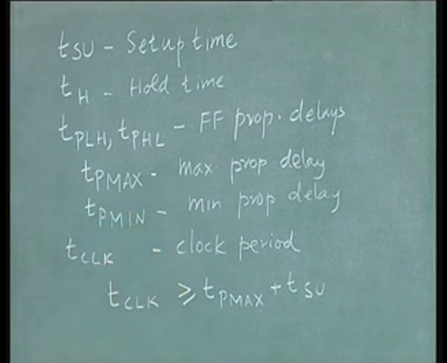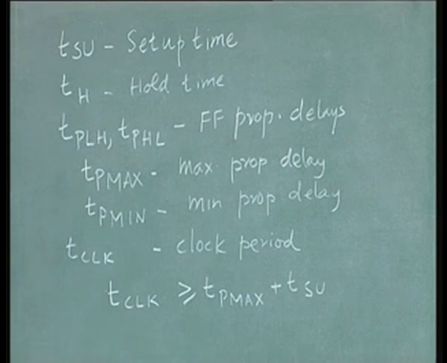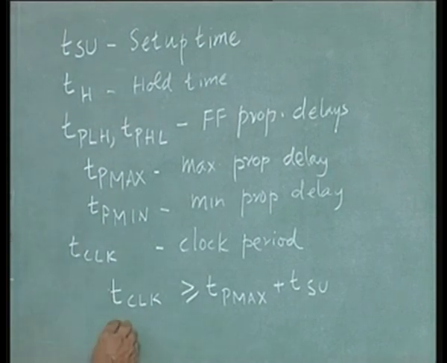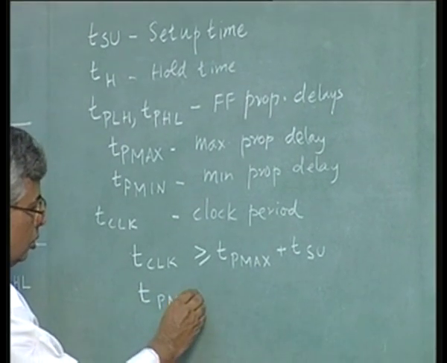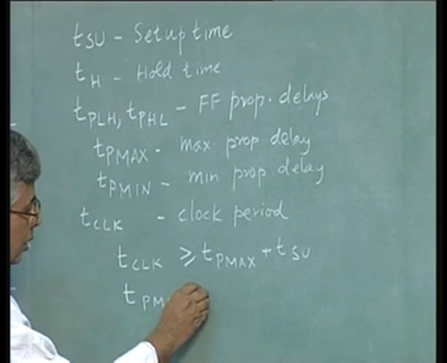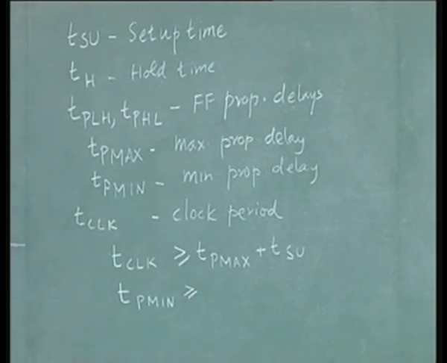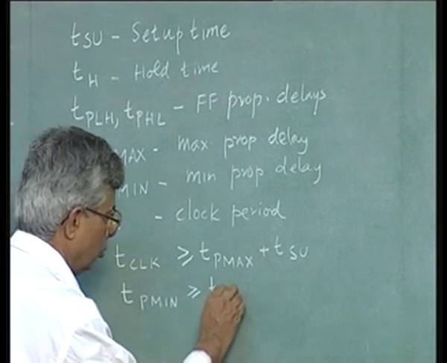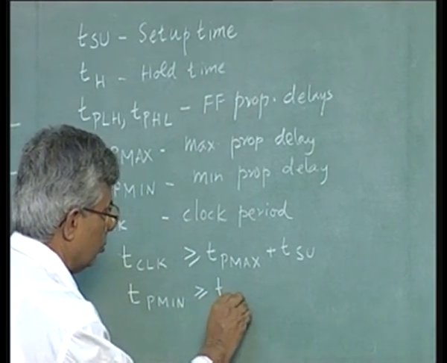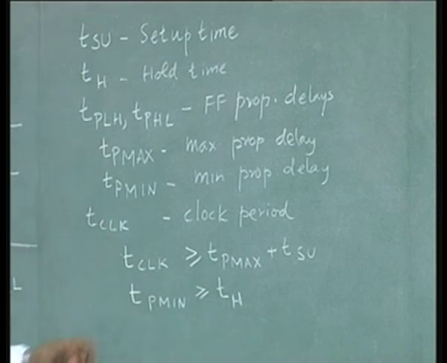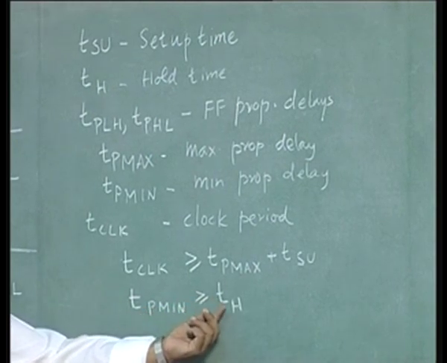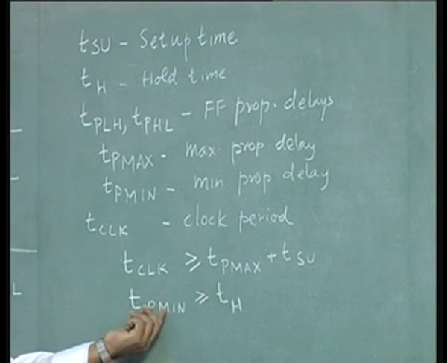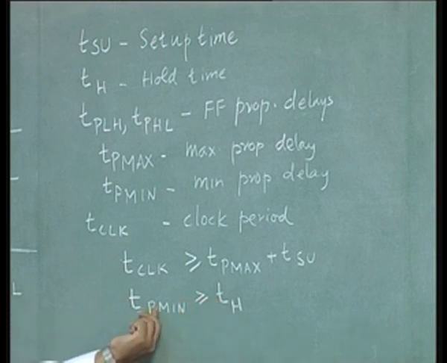So I want to write one more equation which will say TP min should be greater than or equal to T hold. What I mean is, if TP min happens before TH, that means if the propagation delay is less than TH, the output of the flip flop Q can go and change the input.